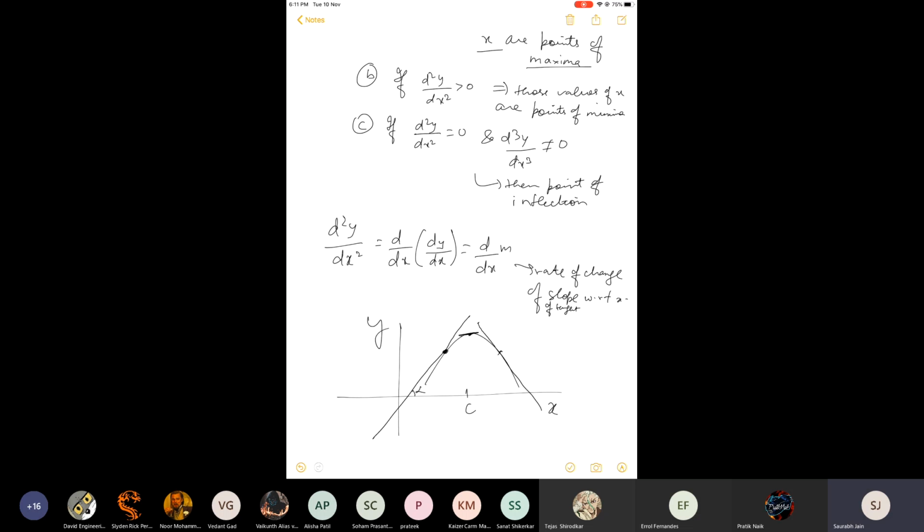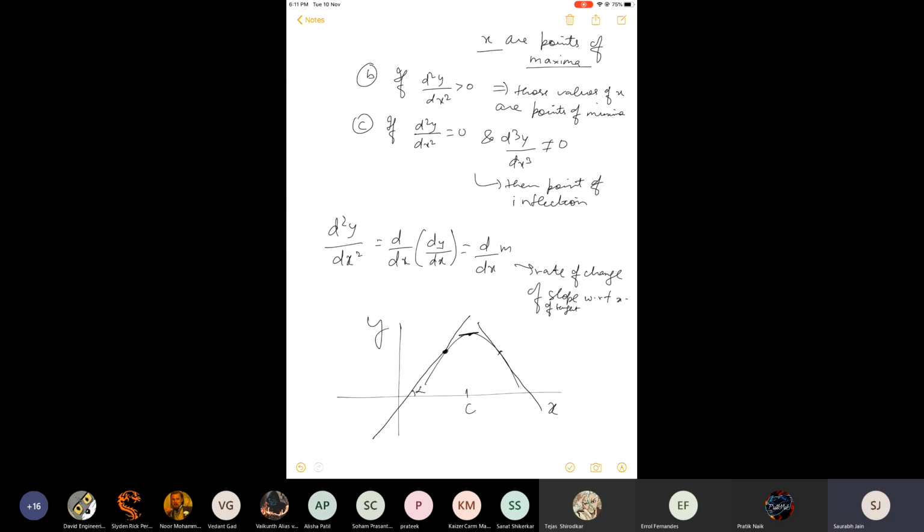Because if you remember, we write for maxima or minima dy by dx is 0. It is the necessary condition. The necessary condition for a differentiable function to possess maxima or minima is dy by dx equal to 0. But we can't be sure that it will be maxima only or minima. So what we do? We go for the second derivative, and it decides whether a particular point is a point of maxima or minima.